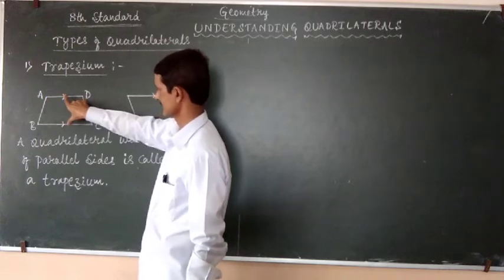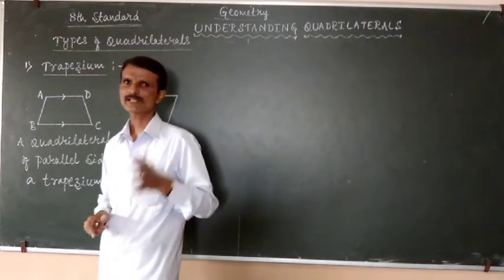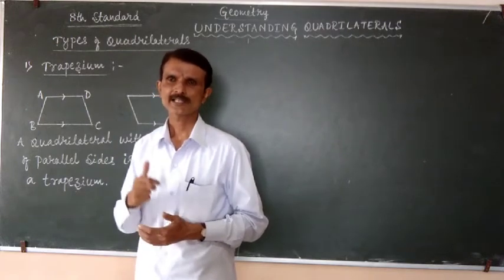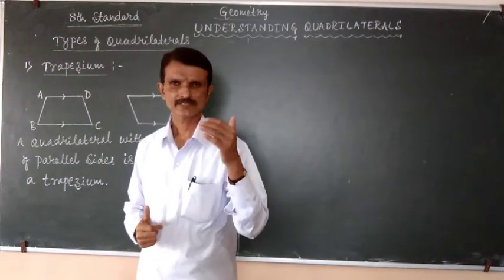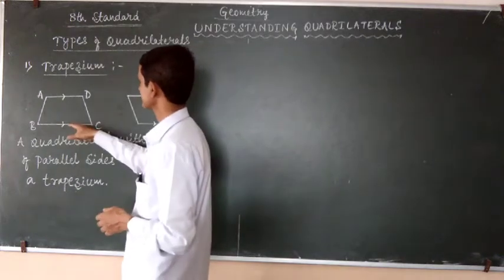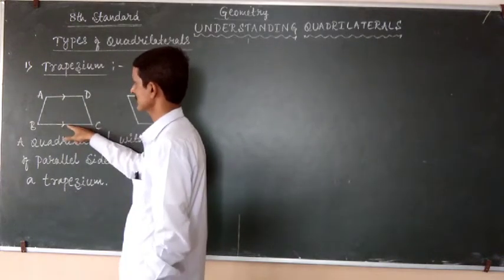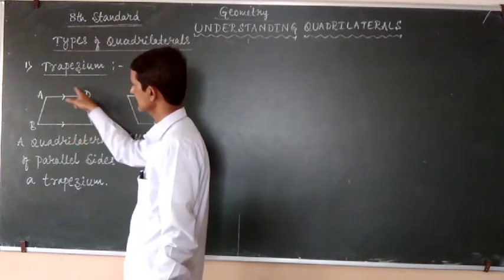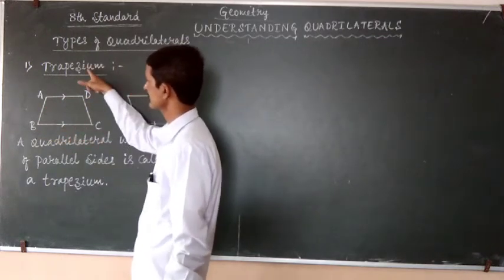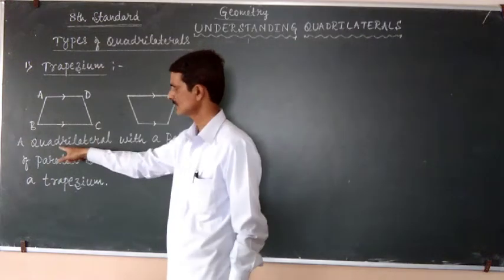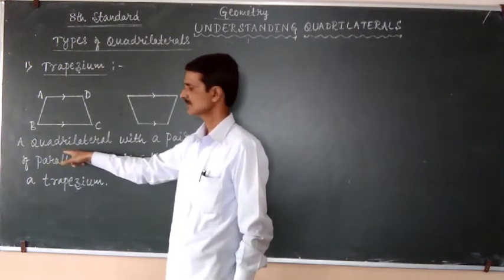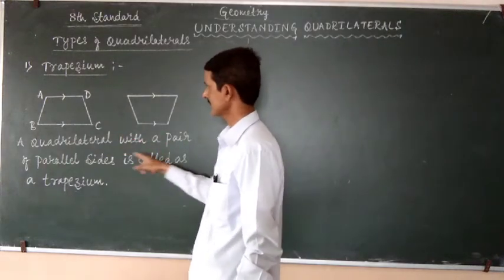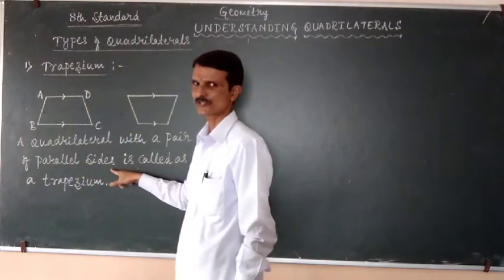Therefore, a pair of sides is parallel in this quadrilateral. If a pair of sides is parallel, then it is called a trapezium. Therefore, we define the trapezium as a quadrilateral with a pair of parallel sides.